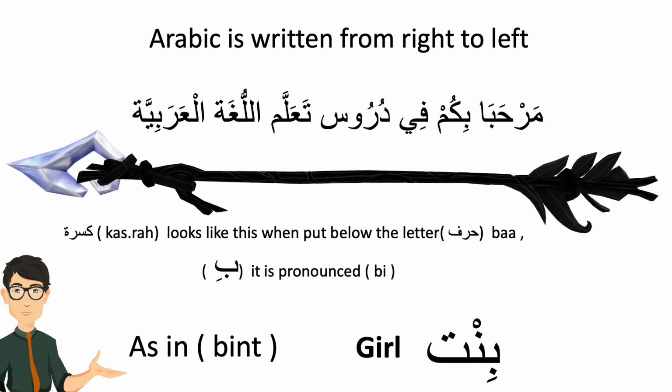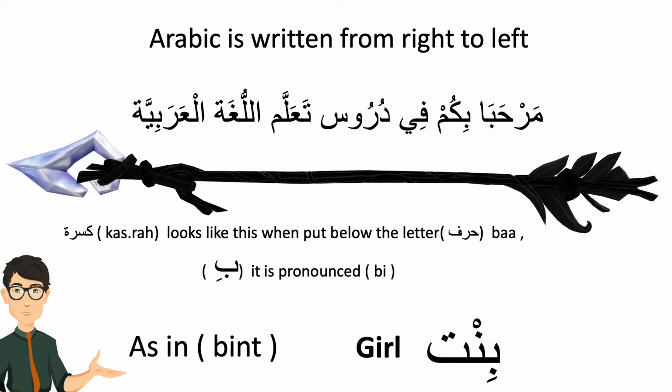For example, when you put a kasra, which represents the short E sound, under a consonant, for example, the letter ba, you get the sound as in big or dig, the short I sound in these two words.